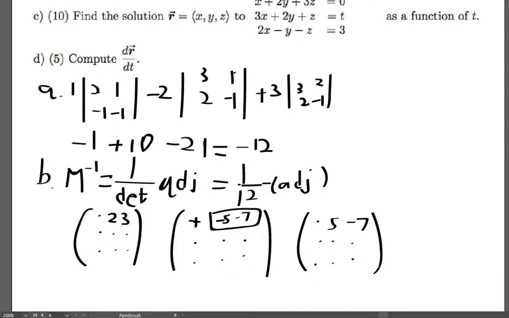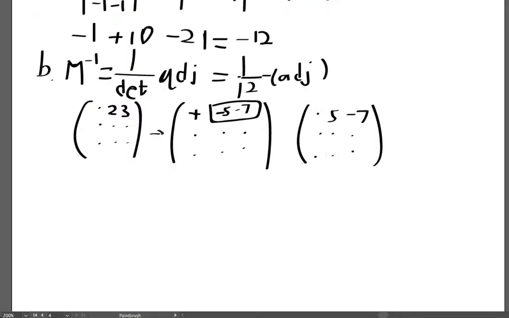If you have the sign right over there, you need to flip it, or you don't need to flip it. And then lastly, you want to take the transpose. Yeah, the one at the top will be turned into the one at the bottom there, something like this. And so this would be your adjoint.